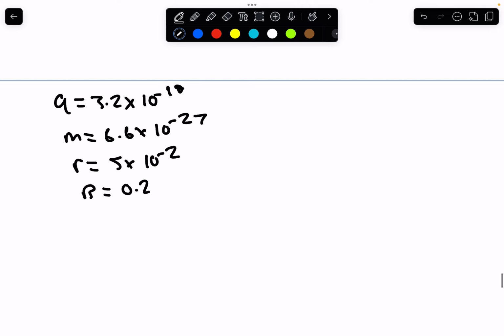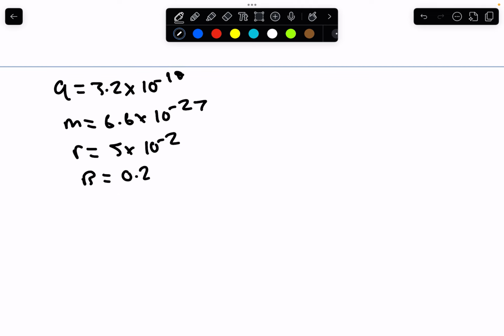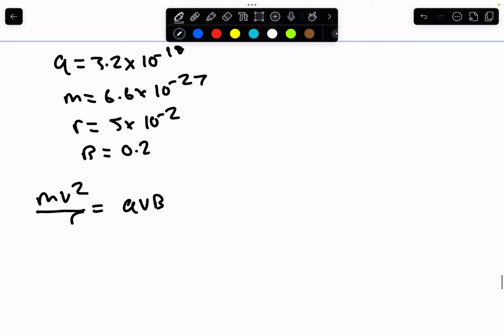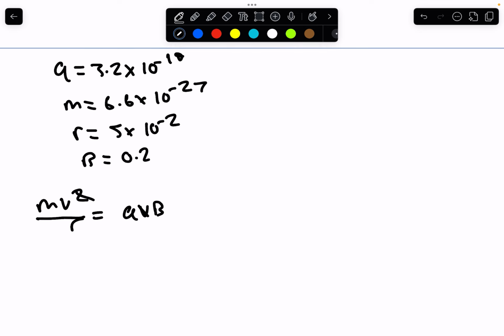What is the particle's speed? Well, mv squared over r equals qvB. So let's just rearrange for v.